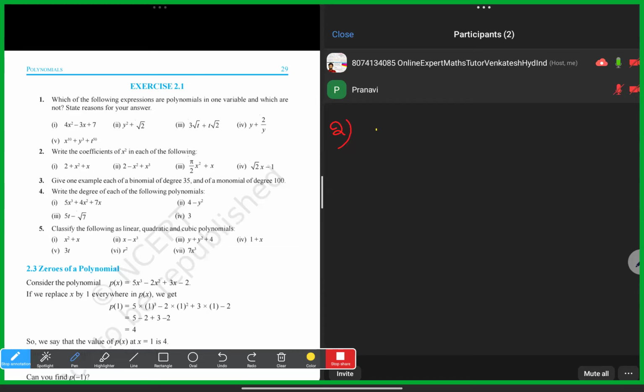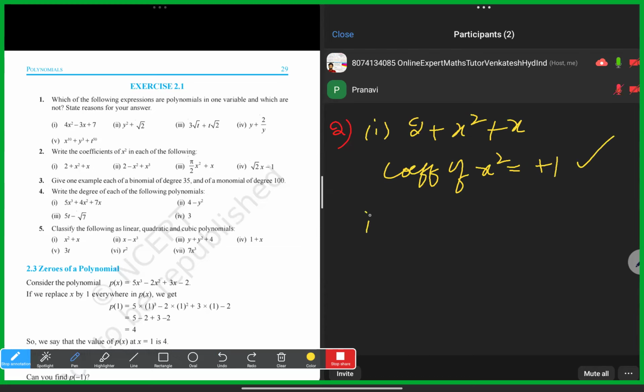So for the x square coefficient, Pranavi, if you observe, before x square, plus 1 is there, you can imagine plus 1. Any doubt, Pranavi? No, sir.